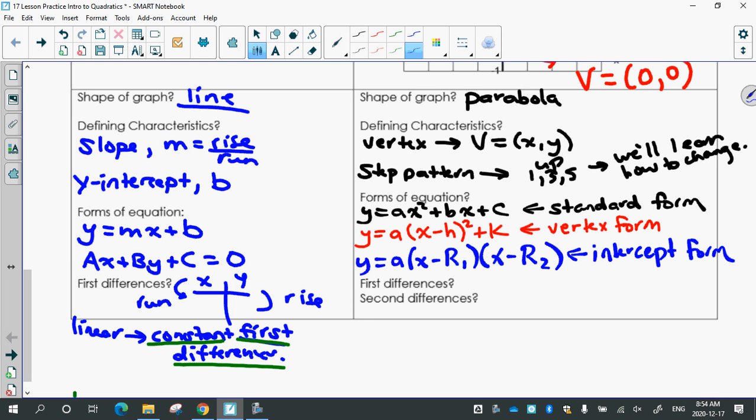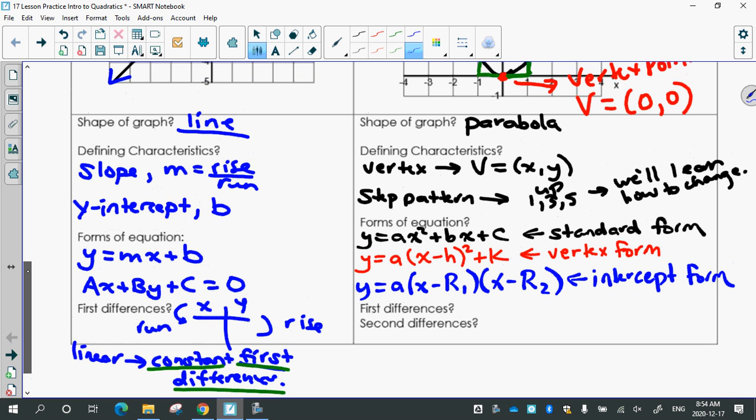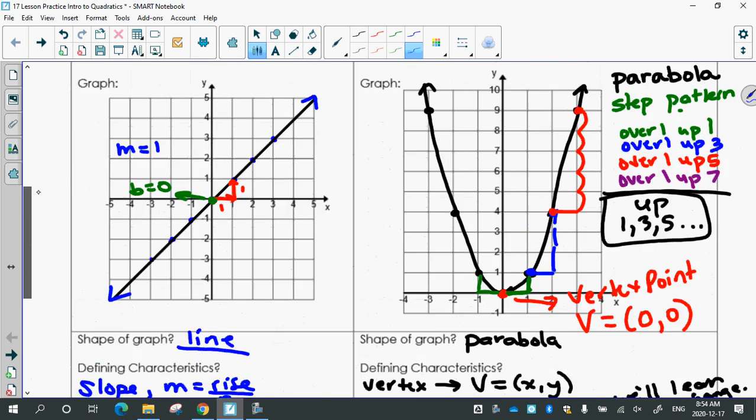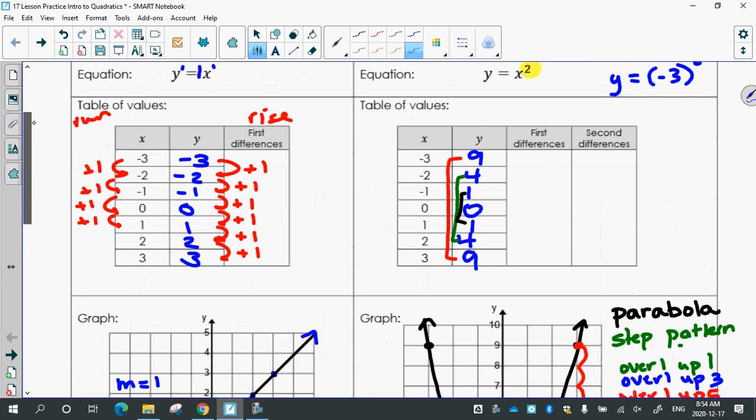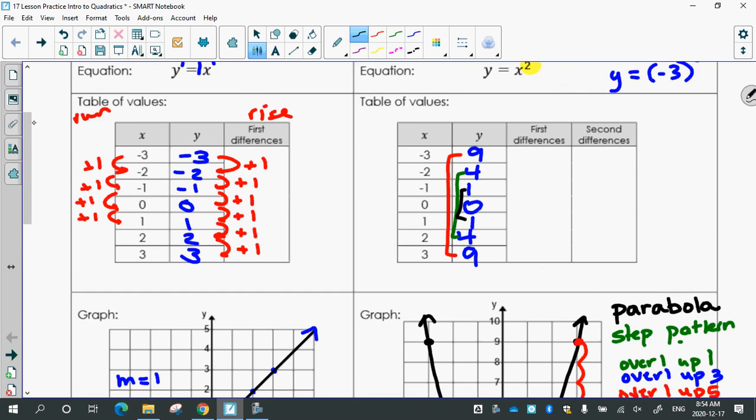And then we're going to go back up to our chart and find our first differences in our y column and our second differences in our y column. So first differences. To get from 9 to 4, I go down 5. Is everybody good with that?